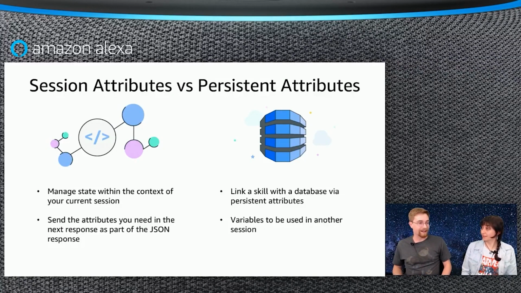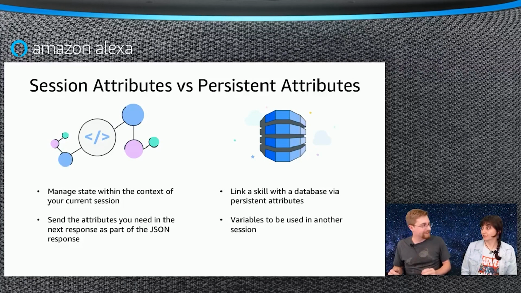As soon as the skill session is done, it's wiped away. You can store any kind of arbitrary data in here. Now, persistent attributes: the SDK has a wrapper to work with a couple of different persistent attribute stores. You can use S3, DynamoDB, or your own. Think of this as what is going to last beyond your skill session.